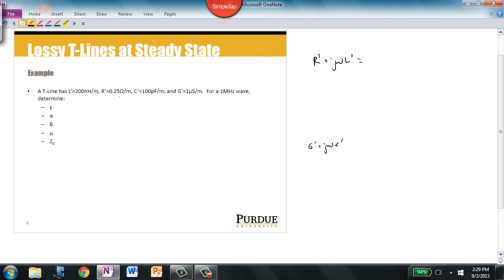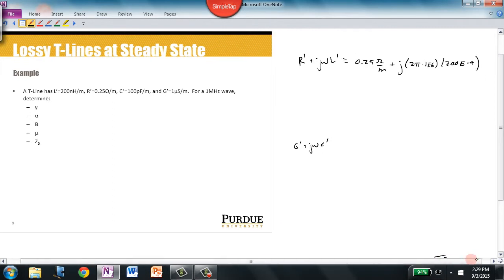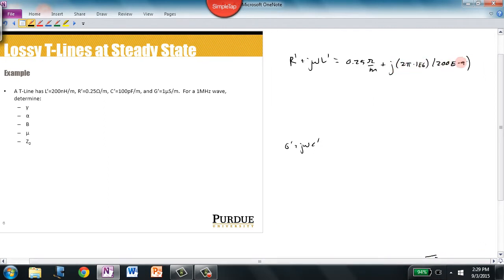So this is just 0.25 ohms per meter plus j times omega, which is just 2 pi f, so 2 pi times 1 e to the 6. And then we need to multiply that by distributed inductance, which is 200 nanohenries, or 200 e to the minus 9 henries. And since that's a reactance, it's also measured in ohms per meter.